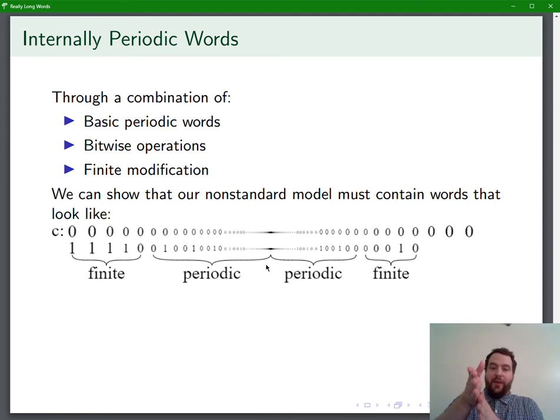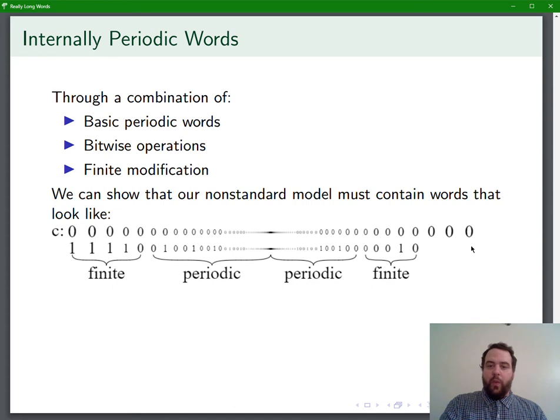The behavior is then periodic with the same periodic behavior matching up with however we chose how modular arithmetic works on this infinite bit. Everything has to line up based on our choices, right? We have to choose whether C is congruent to 0 mod 2 or 1 mod 2, and whether it's congruent to 0 mod 3 or 1 mod 3 or 2 mod 3. We have to make all of those choices.